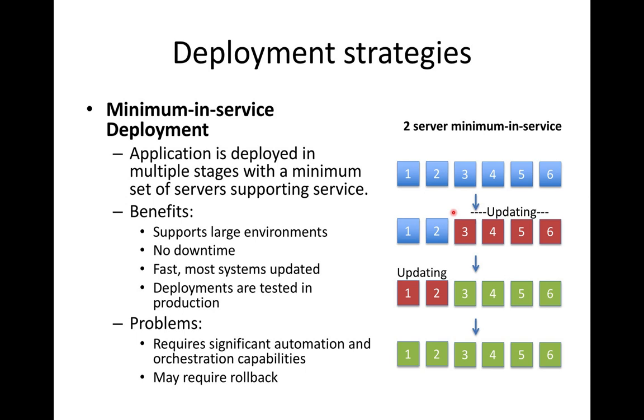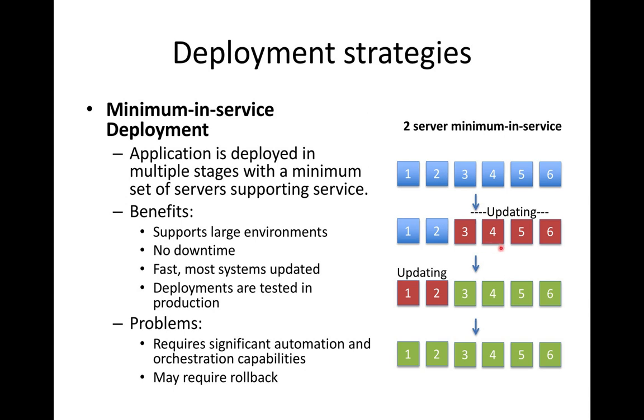We also have the ability to potentially roll back the changes that we make. So we might update these 4 servers and then quickly perform some automated testing. And if automated testing determines that there's a problem with the software updated on these systems, then we can roll back the software update on those systems.